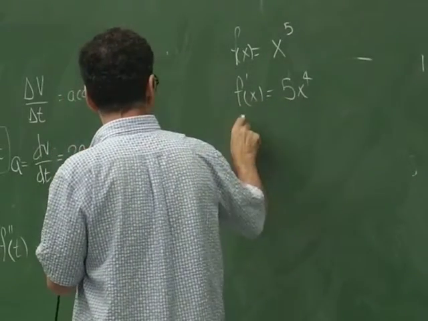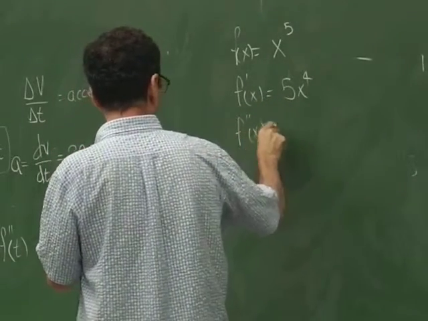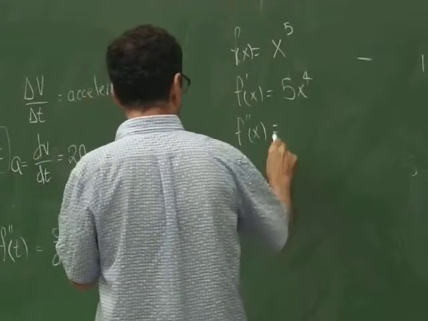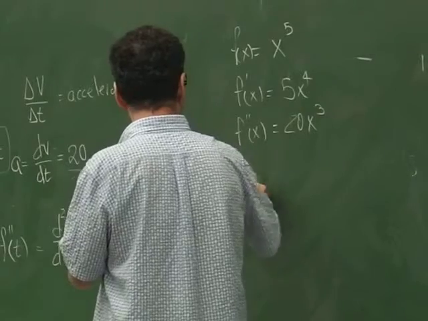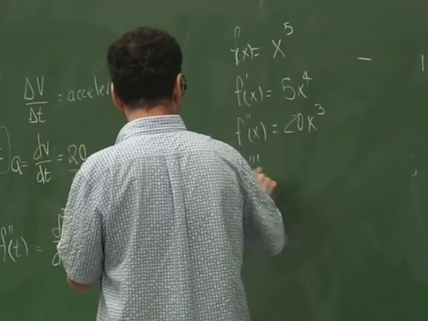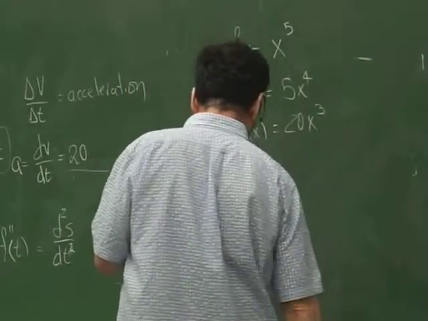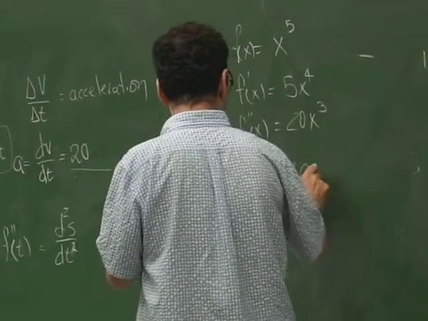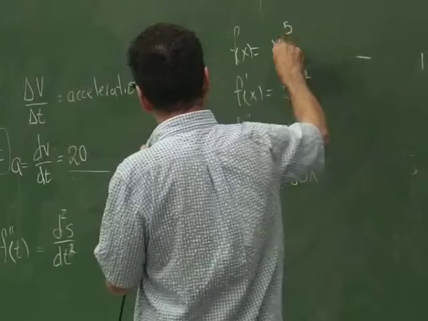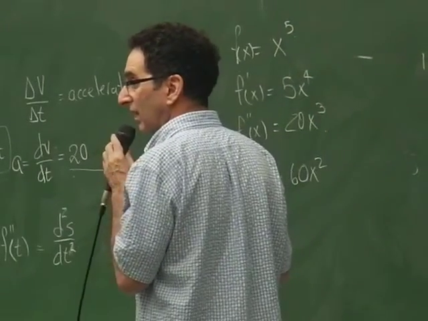So that's written. And what is that? 20x cubed. And then we can also consider the third derivative, which is what? 60x squared. Now if you notice, the powers are decreasing, right?